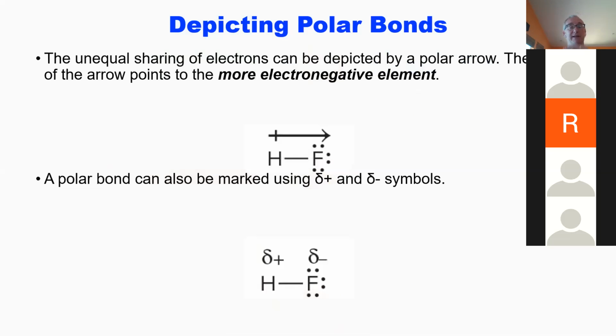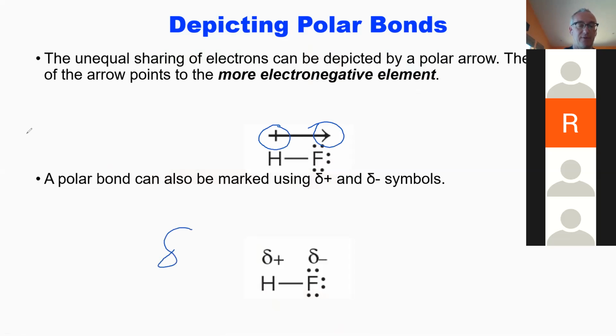So remember, we draw polar bonds with an arrow with a little cross on it, indicating that this is where the partial positive charge is, because it has a little positive shape there. And this is where the partial negative charge is. And you can also do it this way.